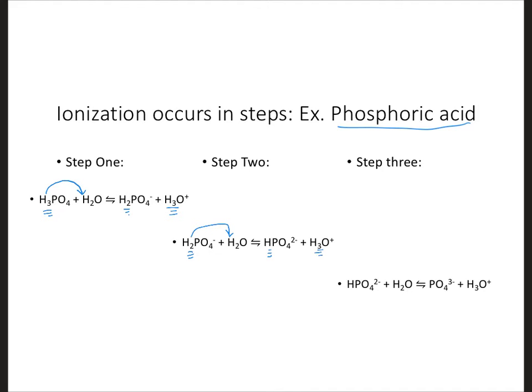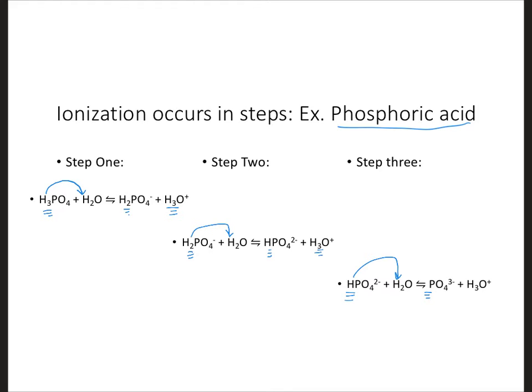We could still look at this product molecule, HPO4 2-, and say it still has a proton that it could give away. So we could actually do a third step for this triprotic acid and say that this HPO4 molecule could donate that proton. That proton could jump onto water to make an H3O+. That's going to leave no more H's.